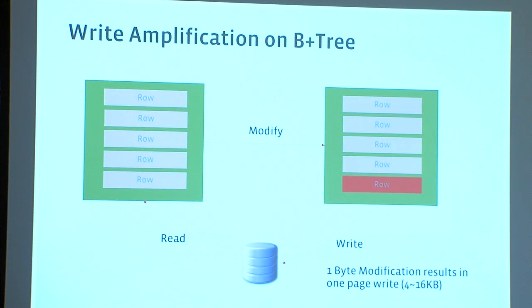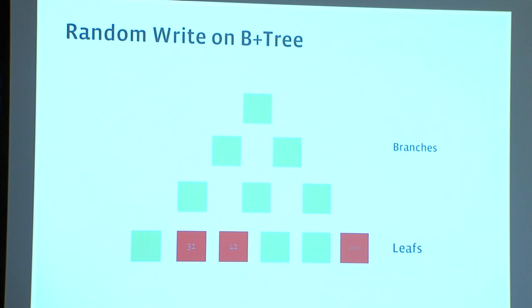In our existing databases using InnoDB, we have a lot of write amplification, in particular because even if you want to just write a single byte, a lot of times you end up having to write an entire page to disk. So this causes more writes than you intended. Also, we're doing random writes in a B tree.